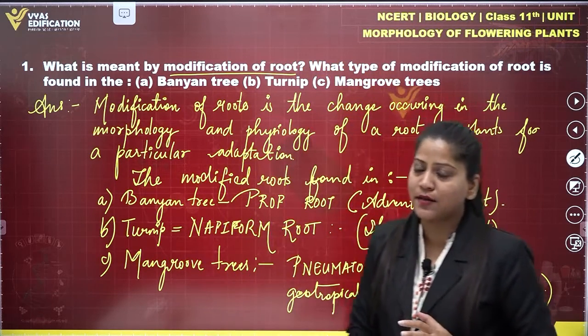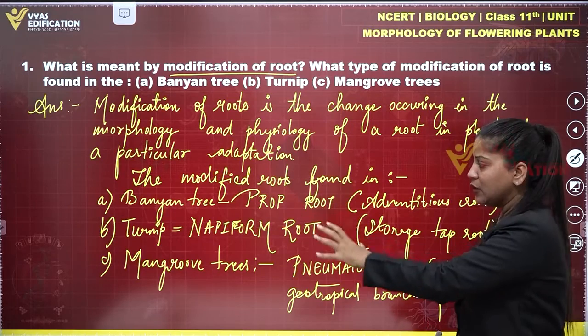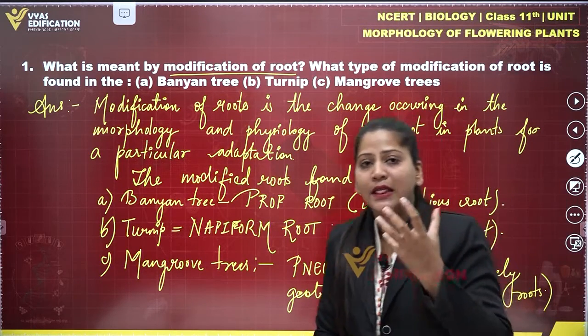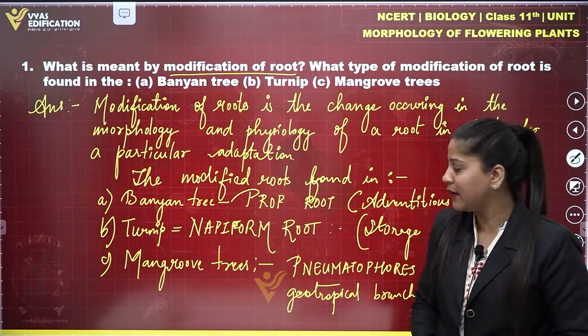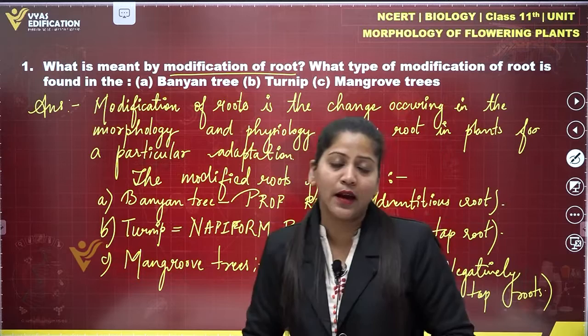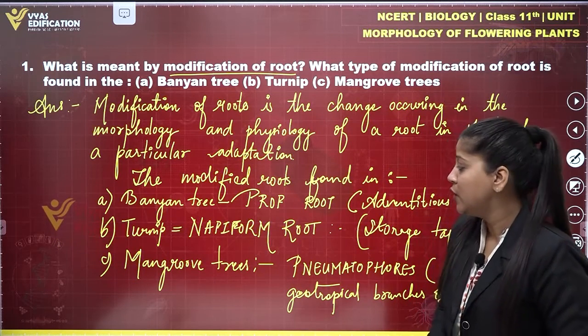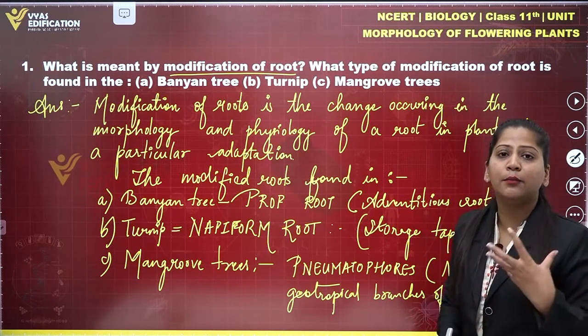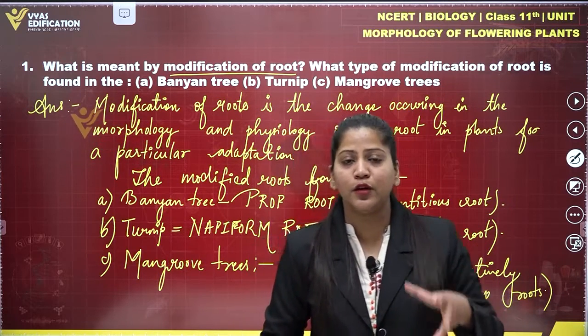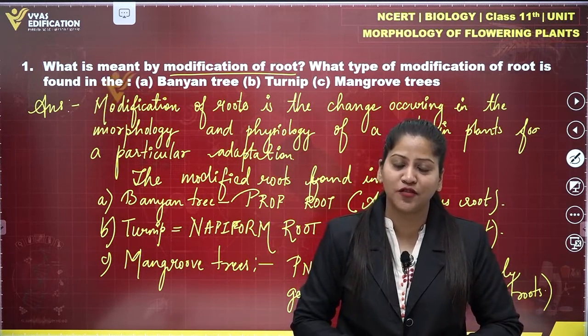As we know, banyan tree has prop root as its modified root. Turnip has napiform roots, and the last one, mangrove trees, have pneumatophores as their modified roots. So this is the complete solution of the very first question of this chapter.